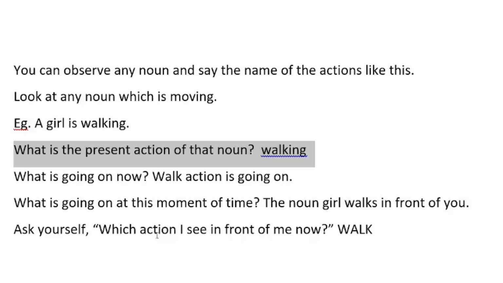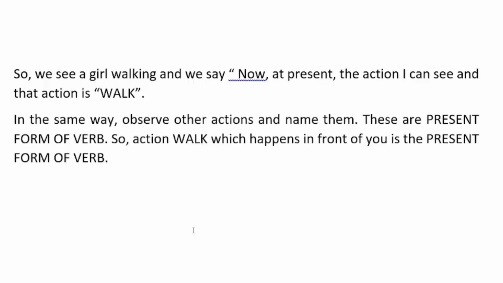You just think of the name of the action only. So that action we got is walk. Is it clear? Hope it is clear. So we see a girl walking and we say now.